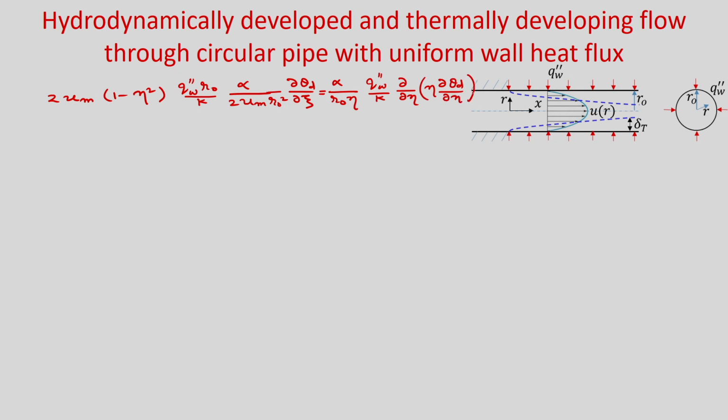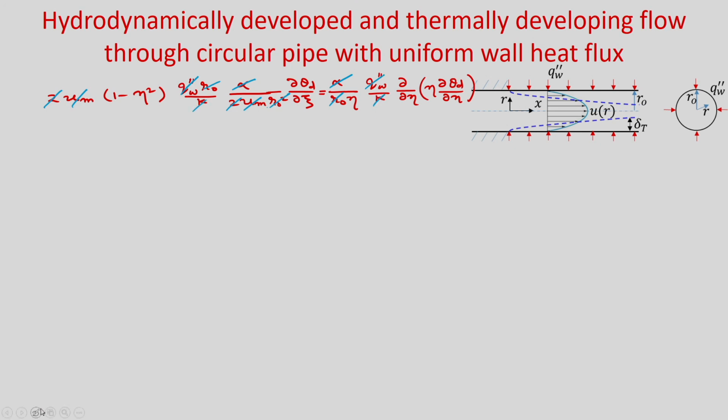Okay, after substituting all the terms, now you can see here this alpha you can cancel, 2 and 2, okay. This r naught here you will get 1 and another r naught, so you can cancel; q double prime w, q double prime w, k and k.